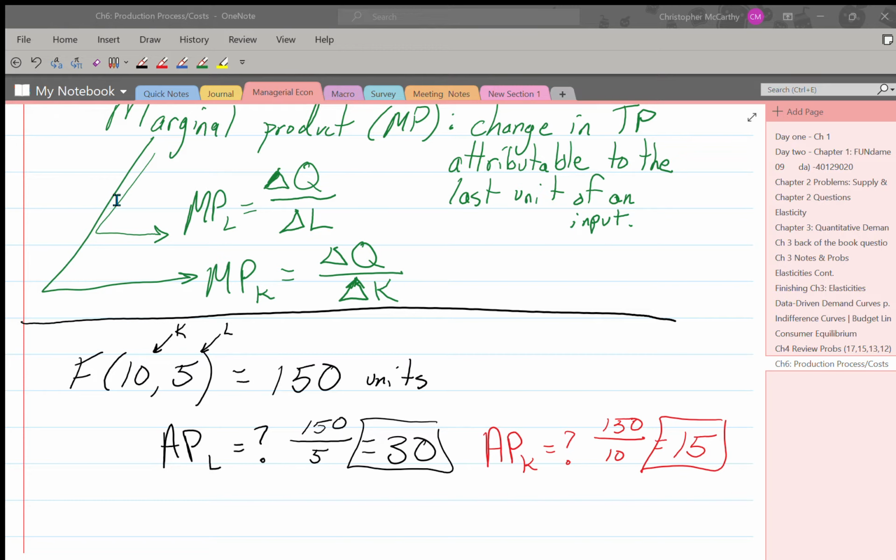So it's important for us to keep in mind that when we're calculating the marginal product of labor, it's not just the change in the quantity, it's divided by the change in the labor. So let's go ahead and calculate the change in the quantity. The change in the quantity is going to be this cell minus this cell, C4 minus C3.